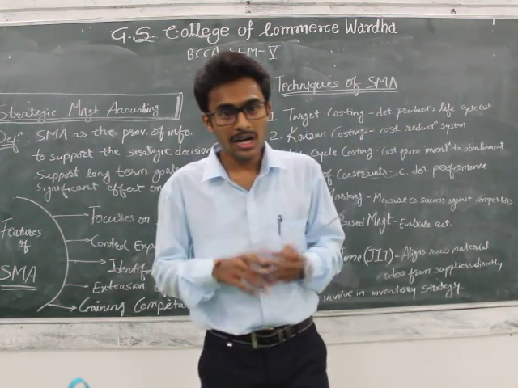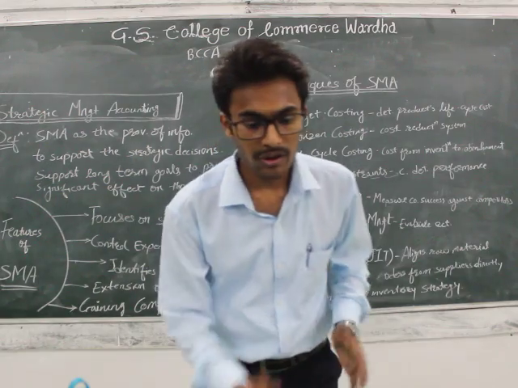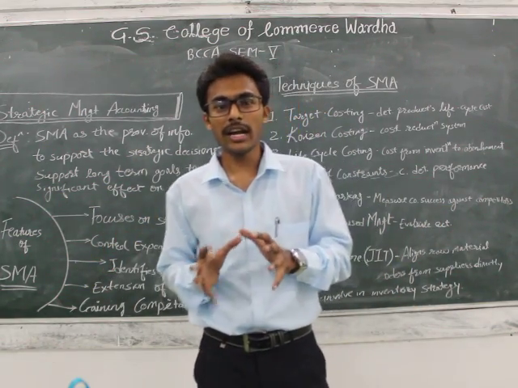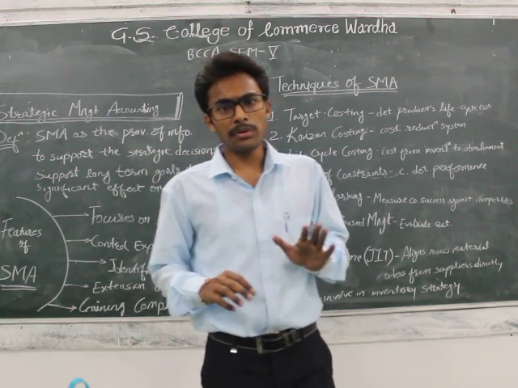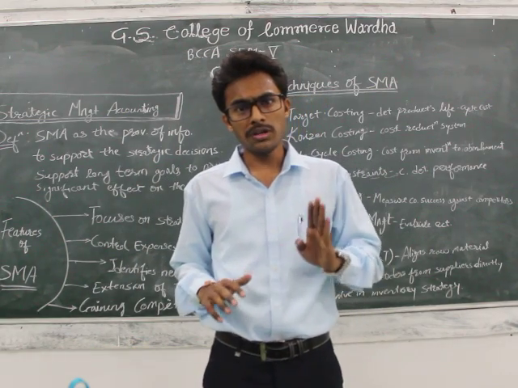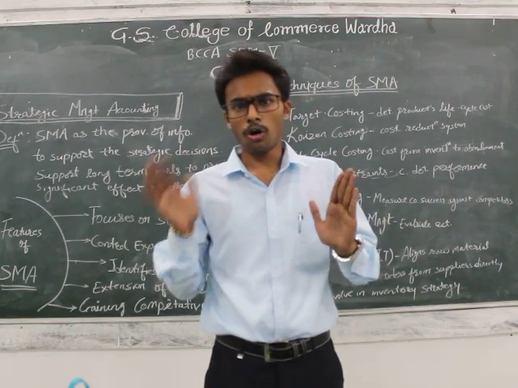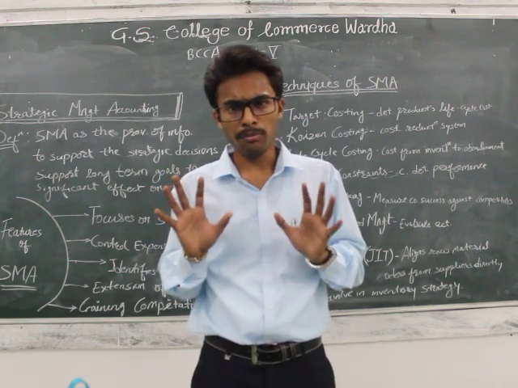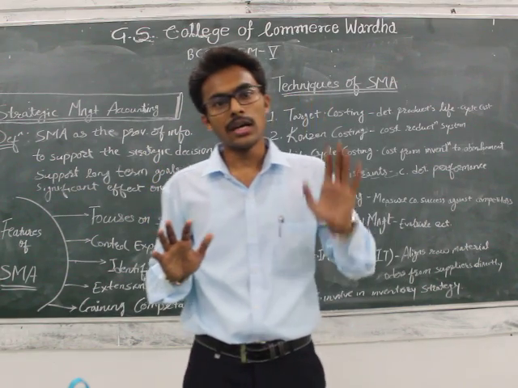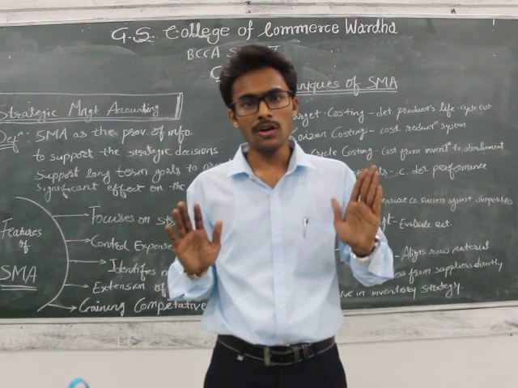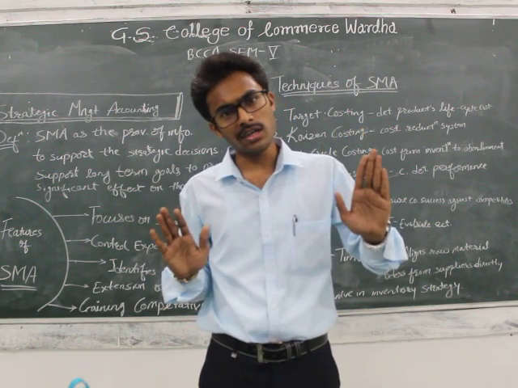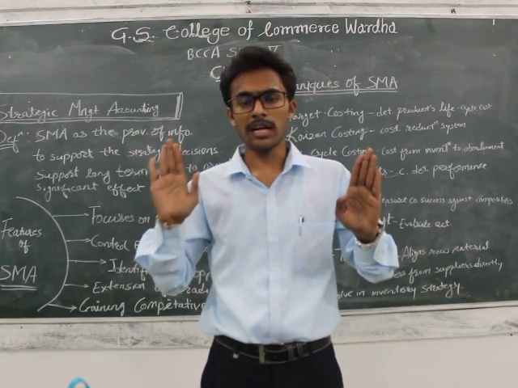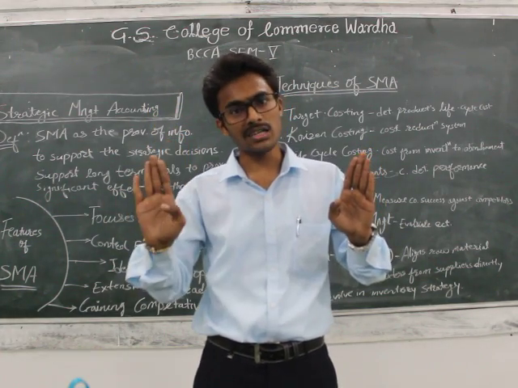The other feature of SMA is that it identifies new opportunities. It will provide you comparative data to analyze something related to your project. For example, it will provide ratios which we can calculate for project A or project B. Project A gives a return of rupees 5 lakhs in 5 years, and project B provides the same return, rupees 5 lakhs, in 3 years.